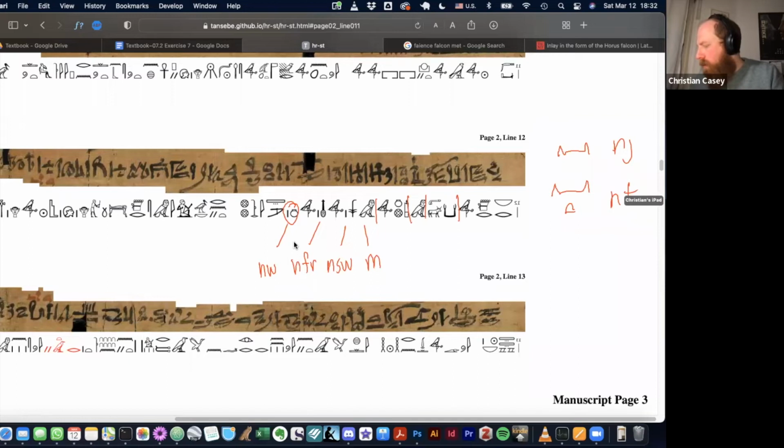Okay, so knee, net, and that's masculine singular, feminine singular, and then you have feminine plural, masculine plural, also net sometimes. I think it could also be new, and then new in the masculine plural.